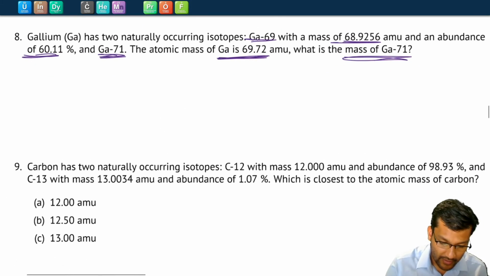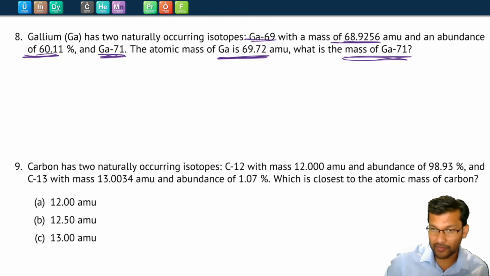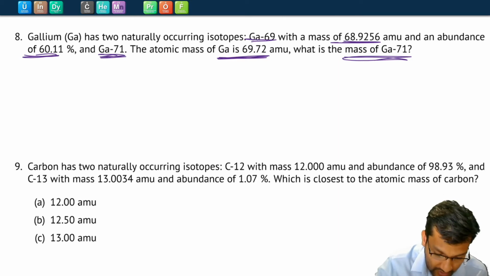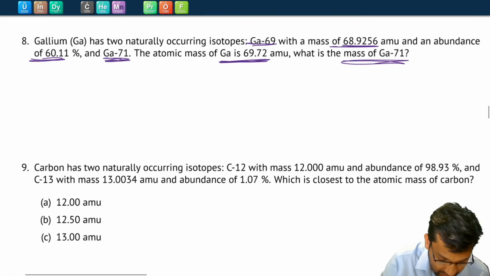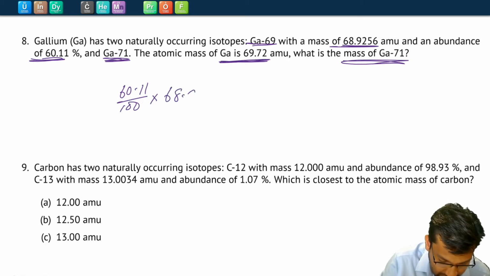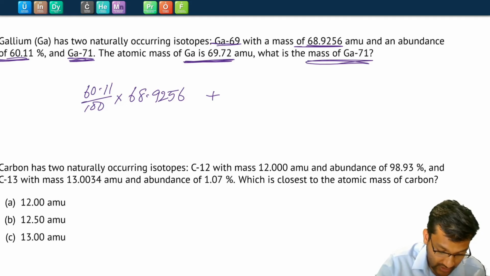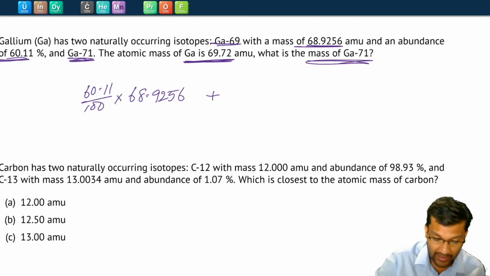Okay, so we can set this problem up the same way we set up calculating the atomic mass. We know that gallium-69 has an abundance of 60.11% with a mass of 68.9256. And gallium-71, which we don't know the abundance and we don't know the mass, is what we're trying to find.